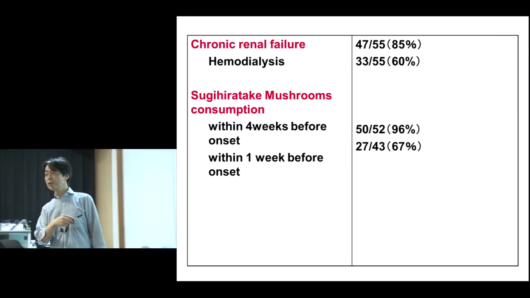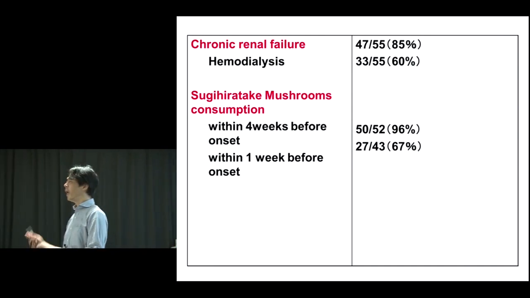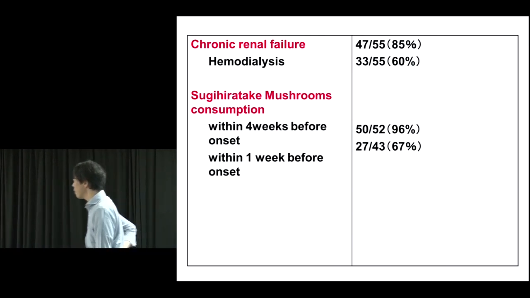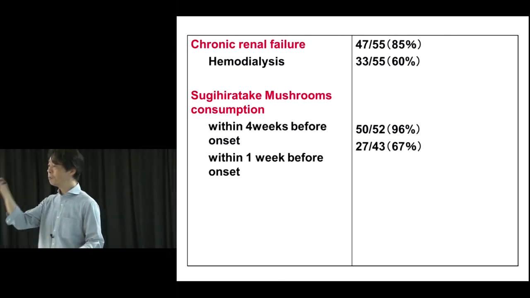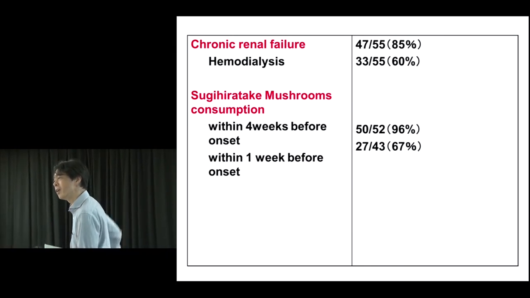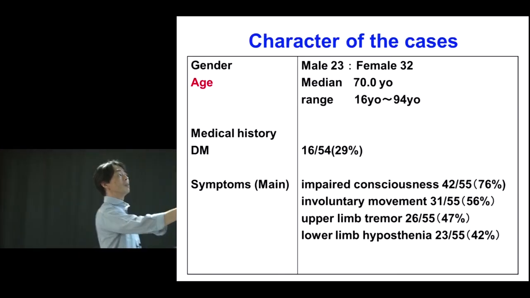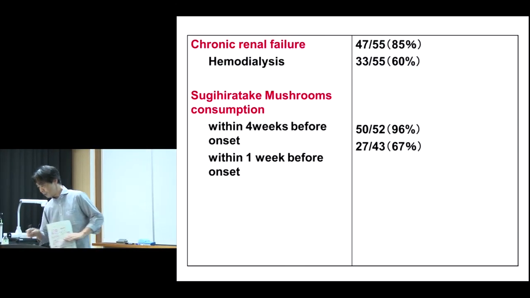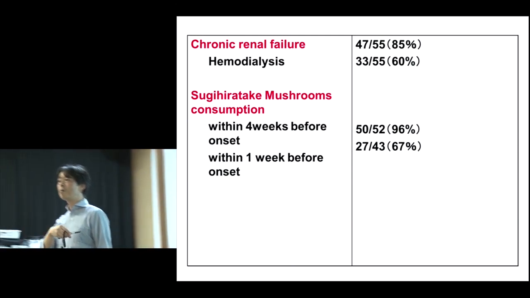And the interesting part is the clinical failures. Of course, elderly people tend to have low renal function, but more than 60% of the cases had hemolysis.